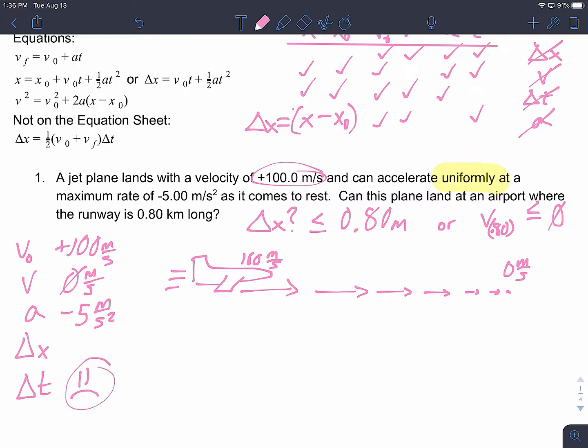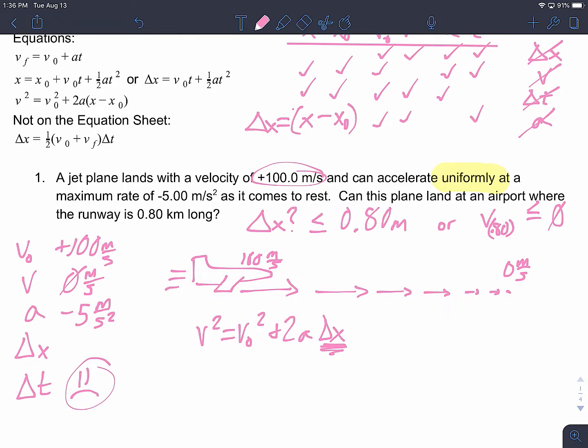If we take a look at our equations, we see that the third equation is the one that doesn't need time: final squared equals initial squared plus 2a delta x. And we're checking to see if this is 0.8.